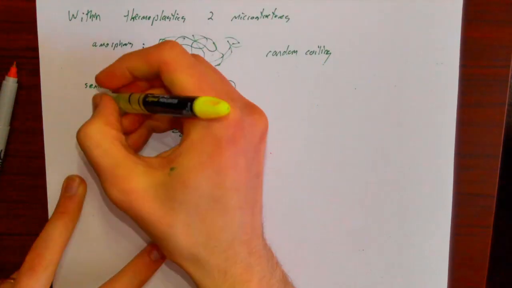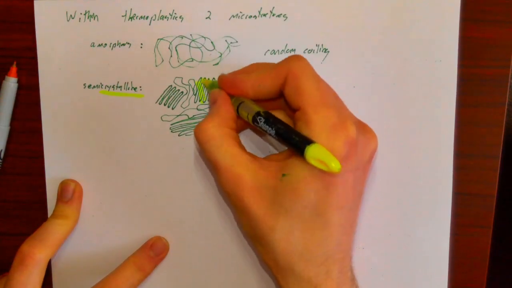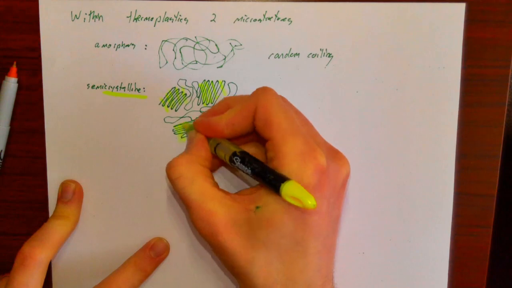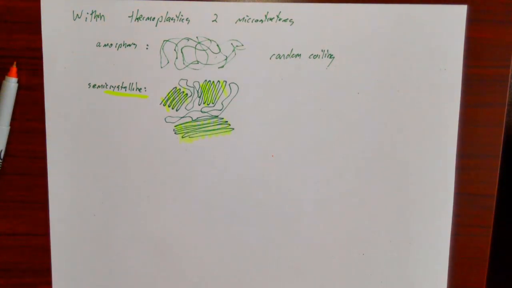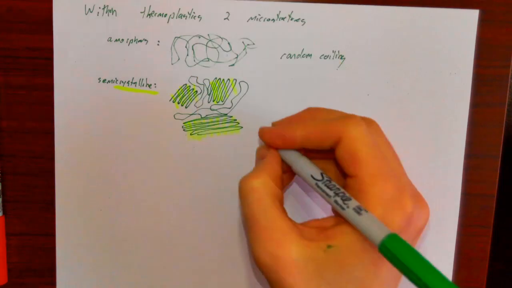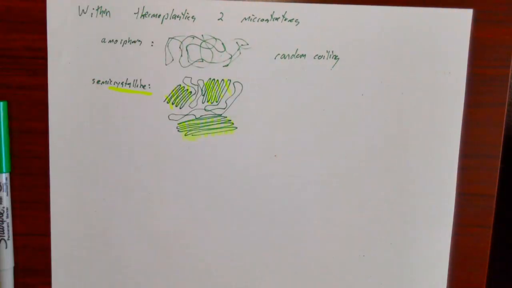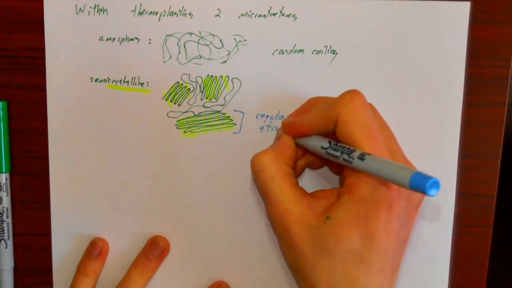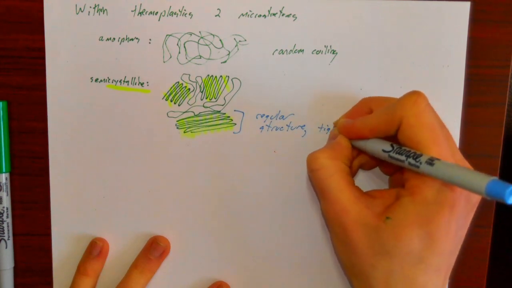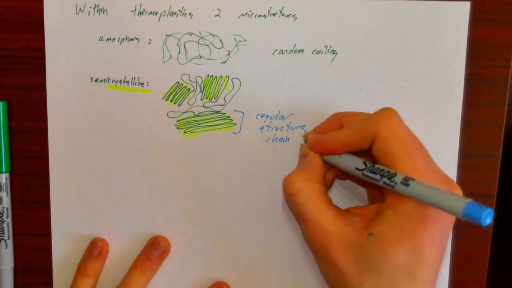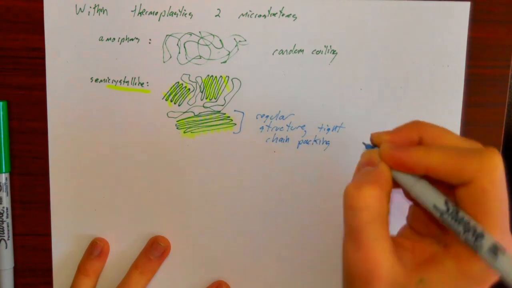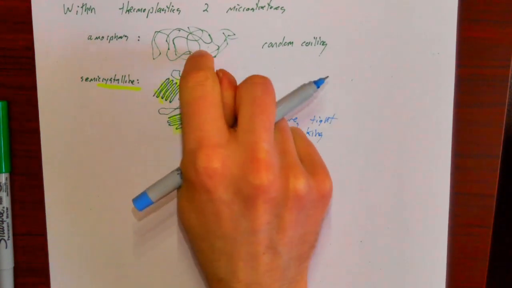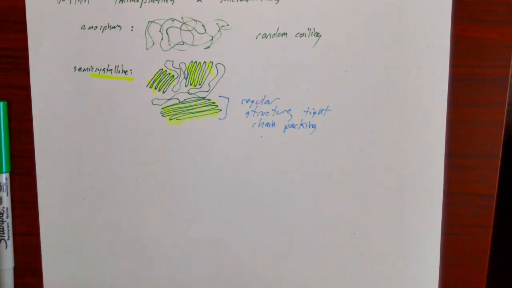So the key thing here is the crystalline part are these regions right here, these regions that have a very regular structure with tight chain packing. And the amorphous structure basically is just a whole bunch of randomly packed, randomly coiled things here.